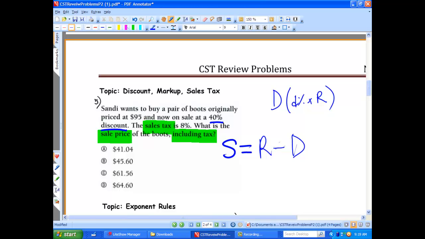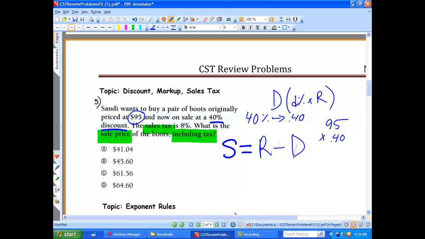So our retail price is $95, and we multiply it by our discount percent. So we change our percent into a decimal, 0.40. And percents are kind of easy.